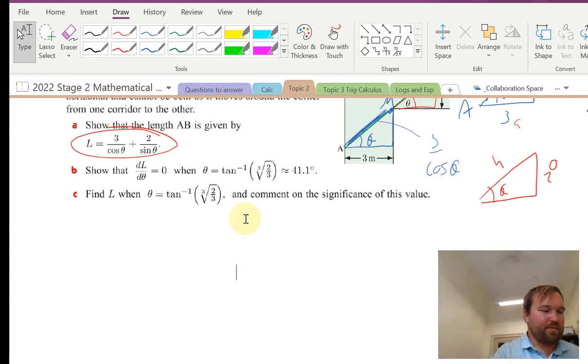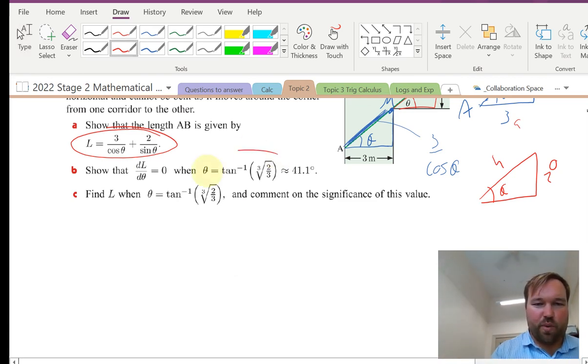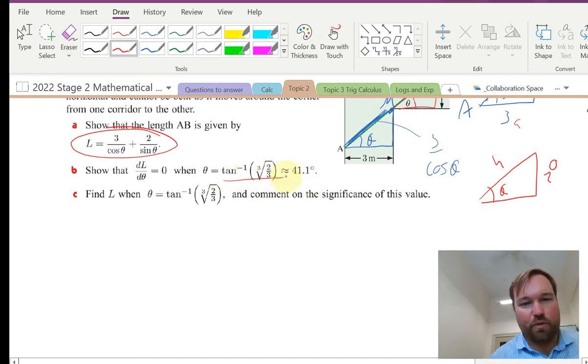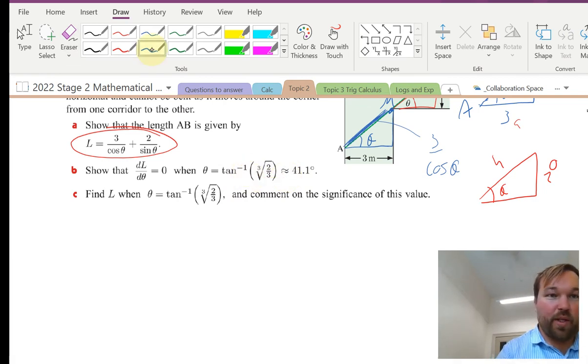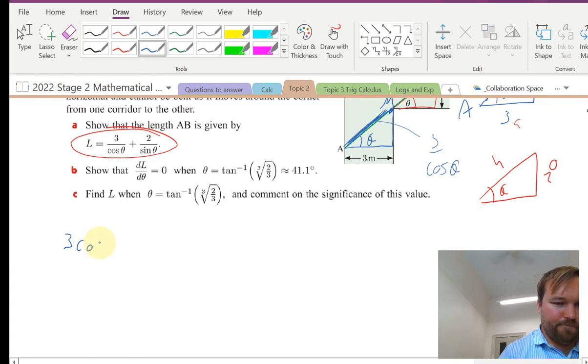It's fun. It's a good one. You guys ready? Note that because we have to show this, we can't just jump to there, so we can't do it directly in a calculator. We actually have to prove that theta is equal to the inverse tan of the cube root of 2 on 3. So let's go.